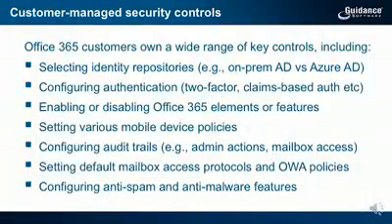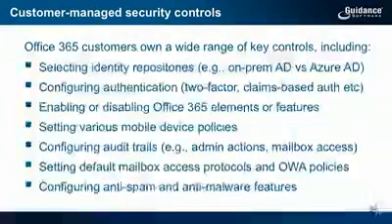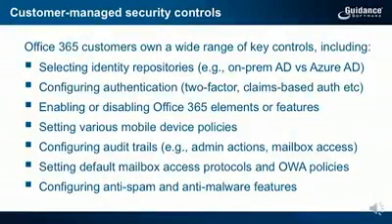These are options that customers have open to them, but Microsoft doesn't own these controls. They're customer-owned controls. Customers turn on and off various features. Customers manage a whole host of settings and policies relating to mobile devices, to audit trails, things like the access protocols.